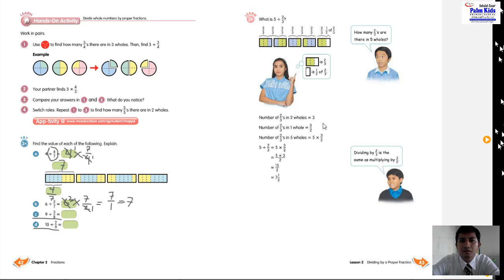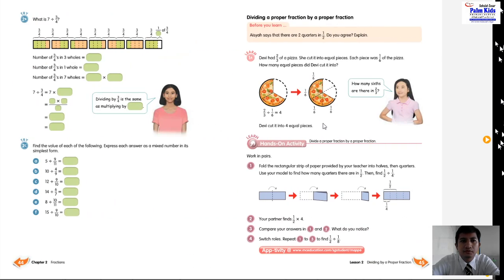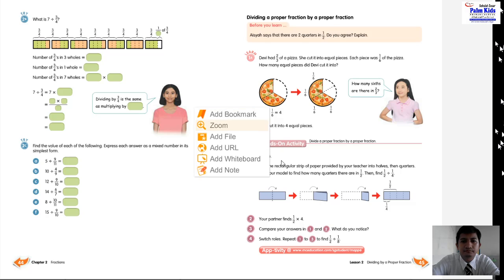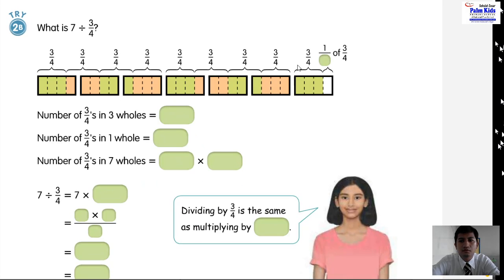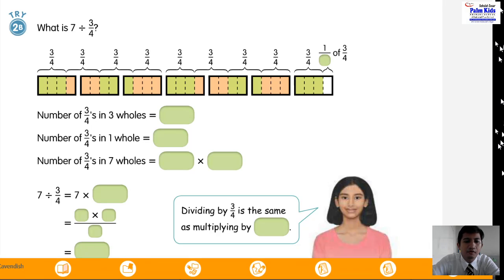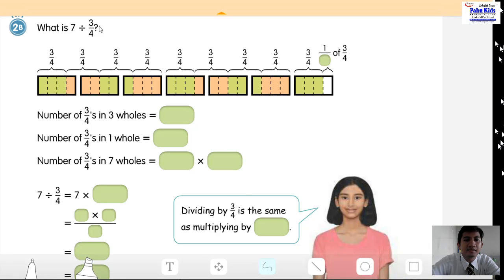Next, we go to page 44. What is 7 divided by 3 per 4? With the same steps, but now there's 1 remaining. How many left is 1/4 of 3 per 4.